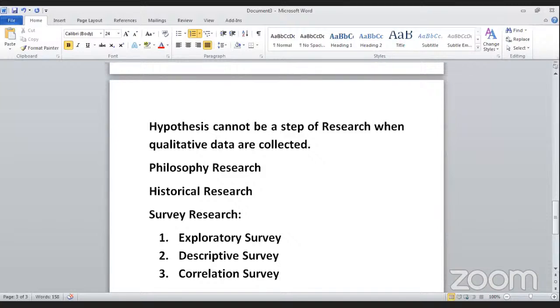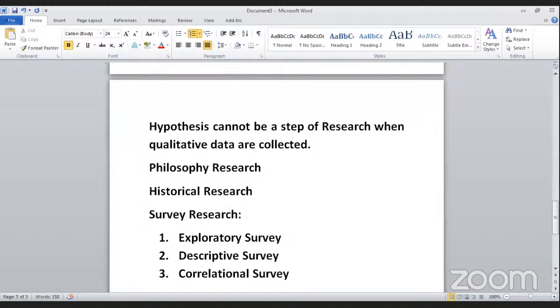Association and correlation, both are statistical technical words. And the general word is relationship. So in fact, it should have been relationship survey, but it has entered into the books as correlational survey.